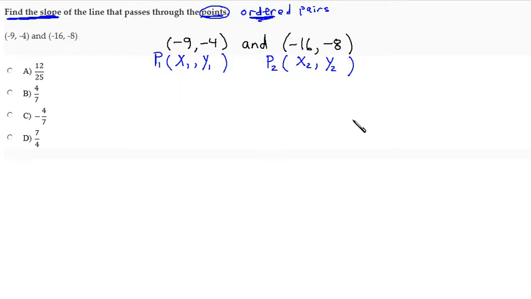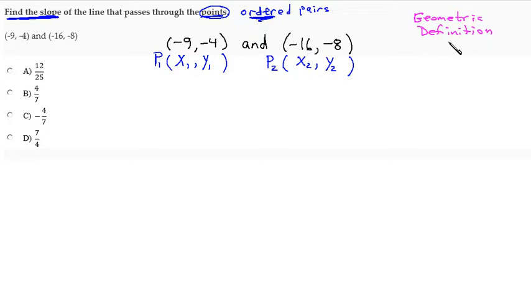Now, there are two formulas that we can use to calculate the slope of a line given various forms of information. One of them is the geometric definition. Here's what's referred to as the geometric definition of slope that most people remember from high school.